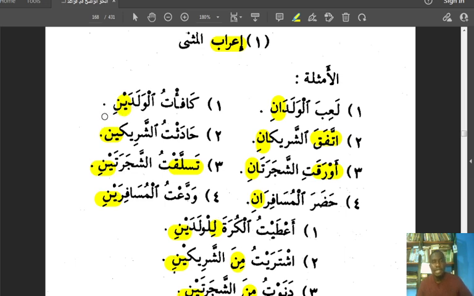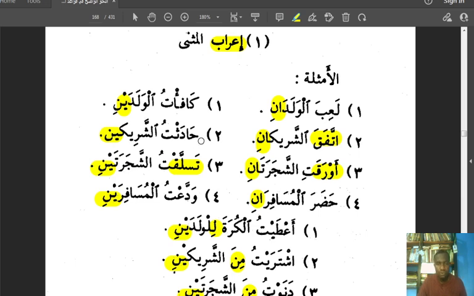Al-waladaini maf'ulun bihi mansubun wa alamatu nasbihi al-ya'u niyabatan anil fathati li'annahu muthanna. الولدين مفعول به منصوب وعلامة نصبه الياء نيابة عن الفتحة لأنه مثنى, because it is dual.